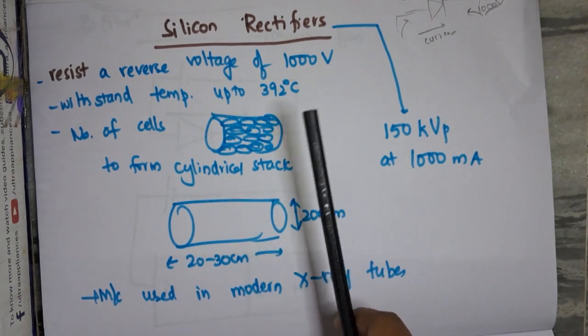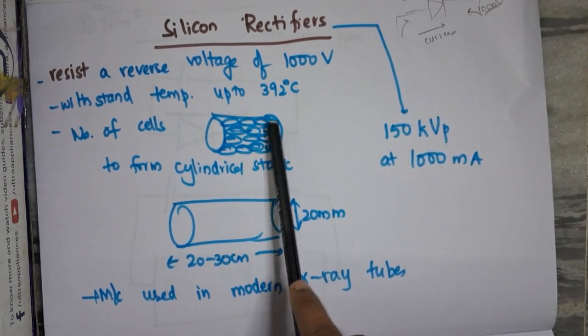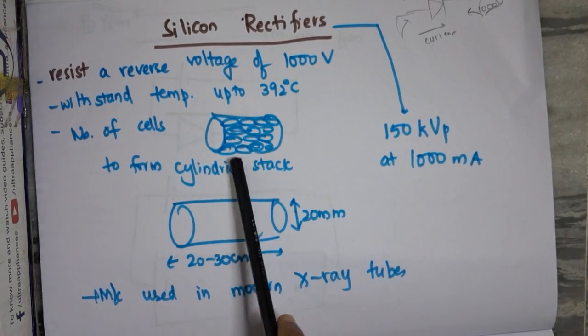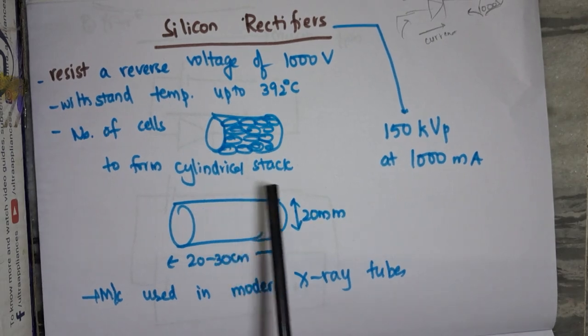So how is a silicon rectifier made? A silicon rectifier is made up of multiple cells or individual diodes, connected together to form a cylindrical stack.